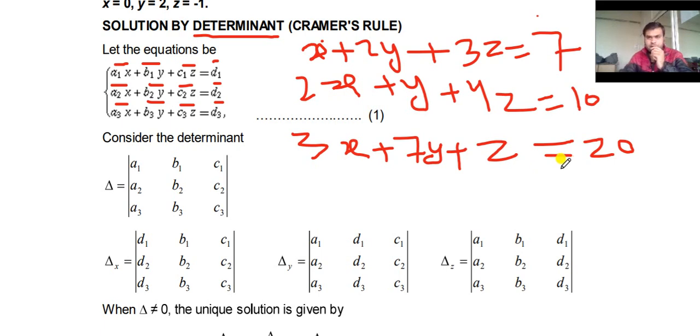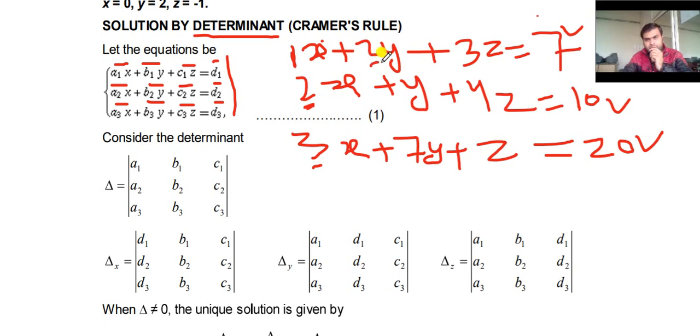So the values of d1, d2 and d3 are 7, 10 and 20. The values of a1, a2, a3: a1 is 1, in front of x, only 1. a2 is 2. The value of a3 is 3.